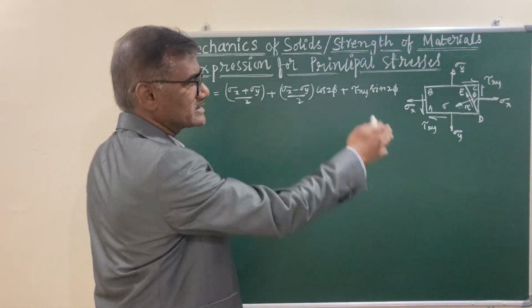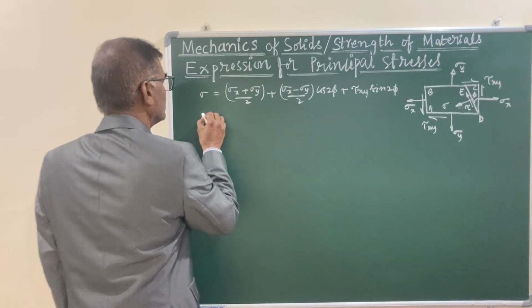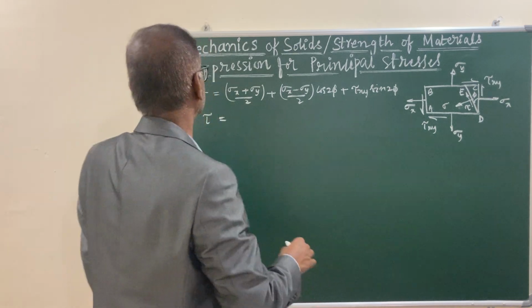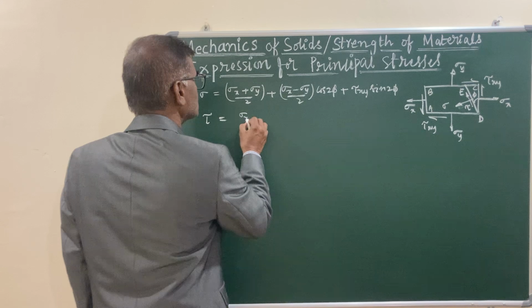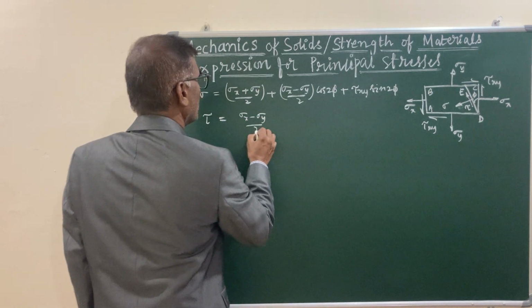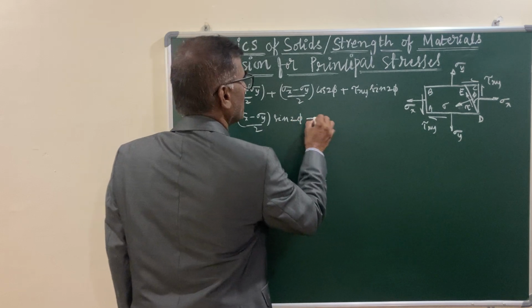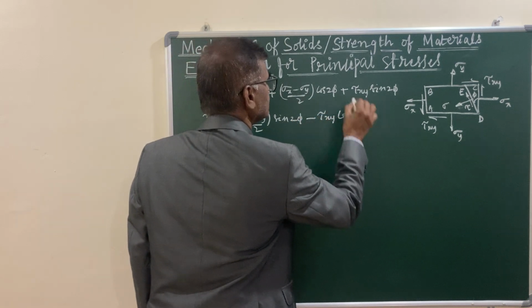This is the normal stress on plane ED, and we have derived the expression for tau also, that is tangential stress or shear stress, that is sigma x minus sigma y by 2 into sin 2 phi minus tau xy cos 2 phi.